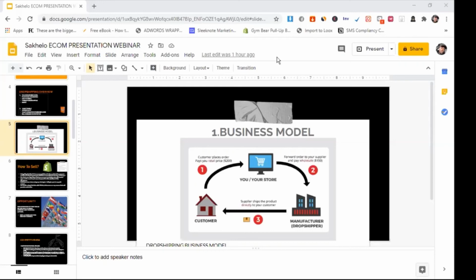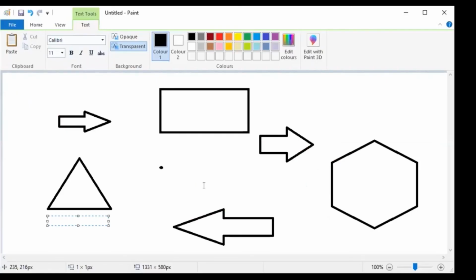Select a video view. Can you see it now? Nah. Oh yeah, now I see it. The square, the hexagon, the triangle. Okay.